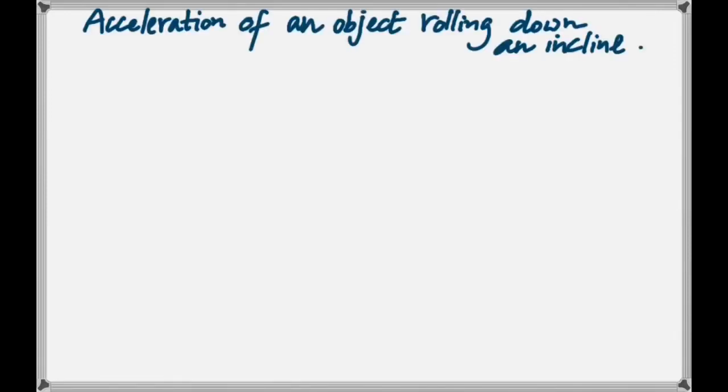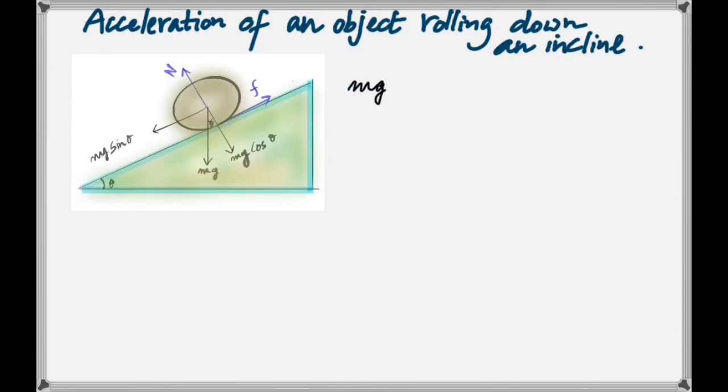I have a nice picture of the setup here, where you have this sphere that is rolling down the incline. The forces acting are the weight mg acting vertically down, the normal force perpendicular to the surface, and friction opposite to the motion.